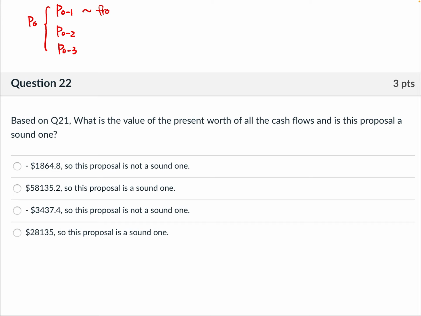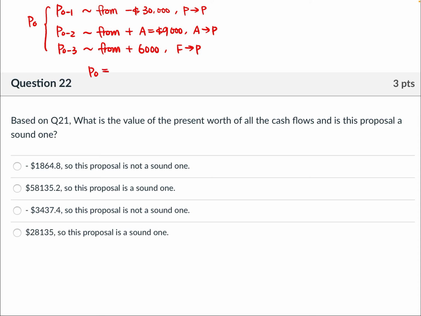The first part is from the negative 30,000 present worth, and it's to convert P to P, right? The second part is from the positive annuities of 9,000 every year, is to convert the A to P. And the last part is from the positive 6,000 at the end, and it's to convert future value to present value. Okay, so your P0 is the sum of all of this.